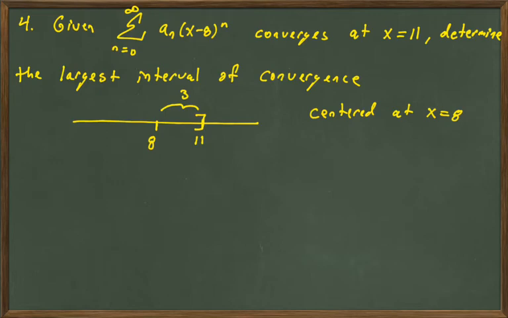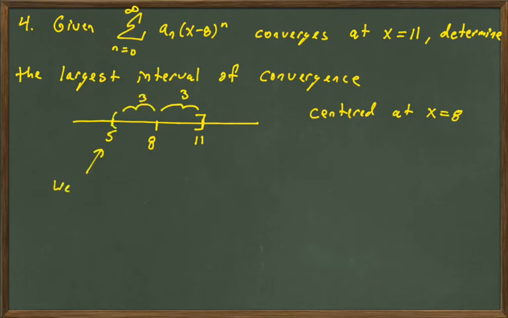Based off of this information, we can go 3 to the left of 8 to 5. However, we are not guaranteed convergence at the endpoint there. We don't know enough about the series to determine whether it converges at 5 or not, but we do know that it is centered at 8, and we can go 3 units to the right, so we should be able to go 3 units to the left.